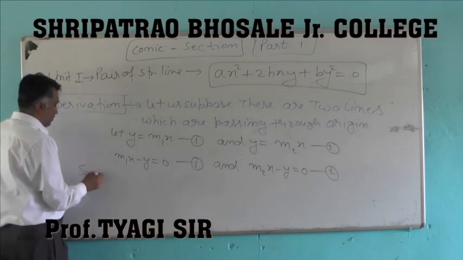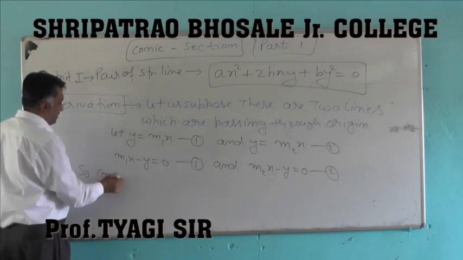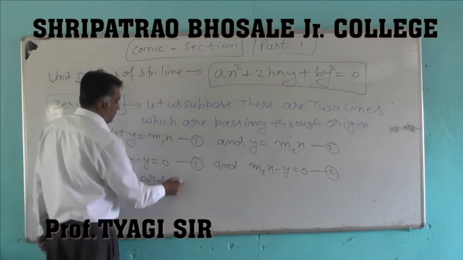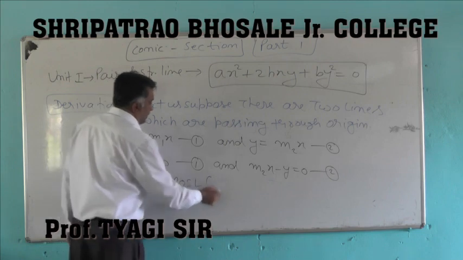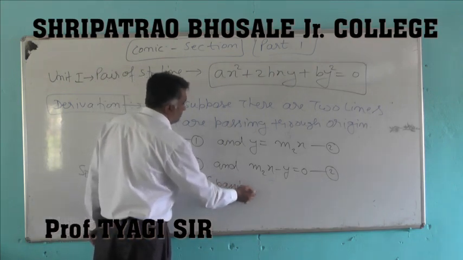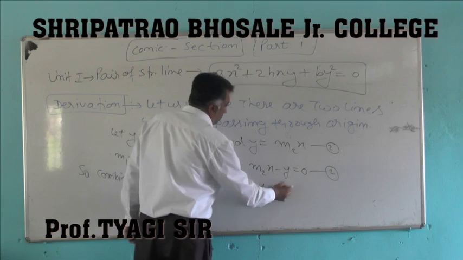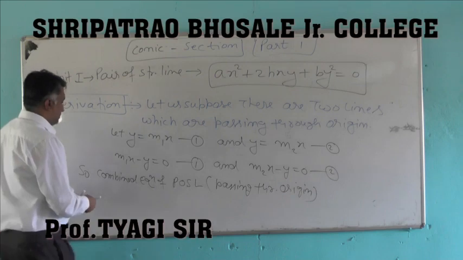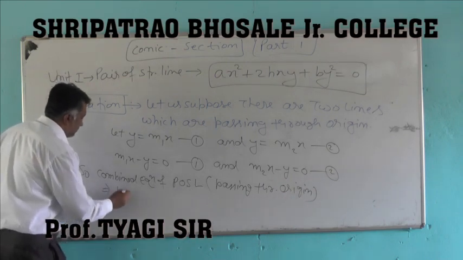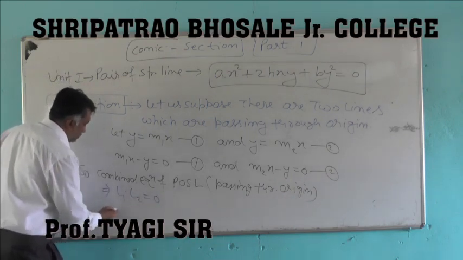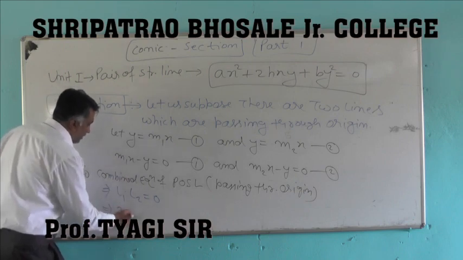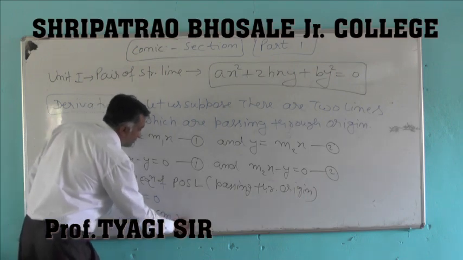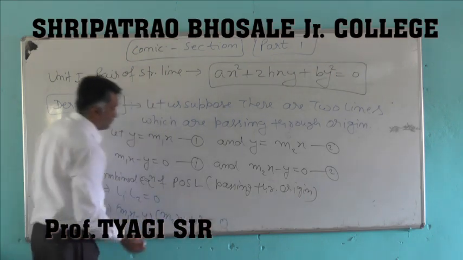So the combined equation of pair of straight lines passing through origin is L1 into L2 equal to 0, that is (m1x minus y)(m2x minus y) equal to 0.